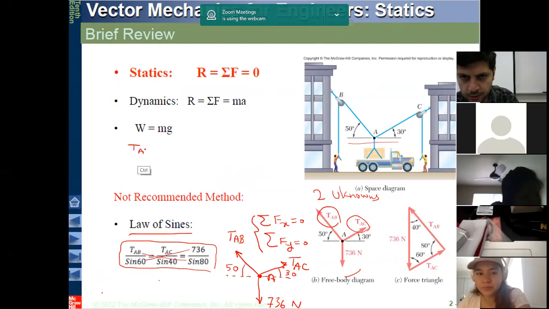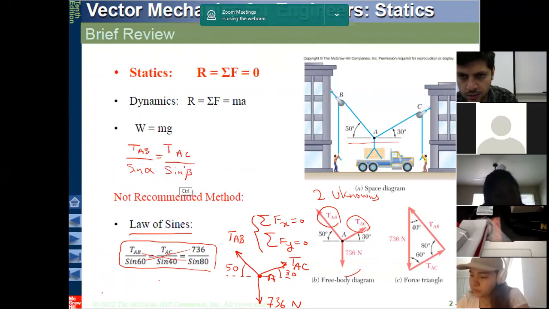So TAB over sine of alpha is equal to TAC over sine of beta, equal to 736 over sine of gamma. And what are alpha, beta, gamma here? Alpha is the angle opposite to the force in the numerator.